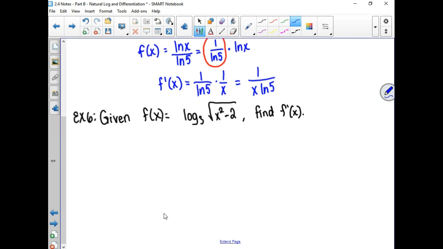We've got f of x equals log base 3 of the square root of x squared minus 2.